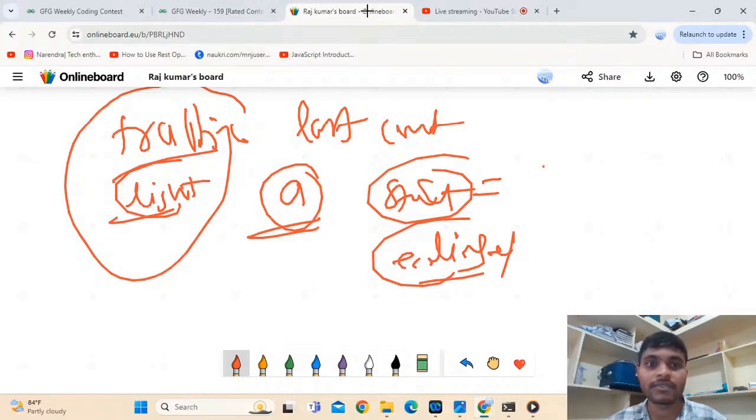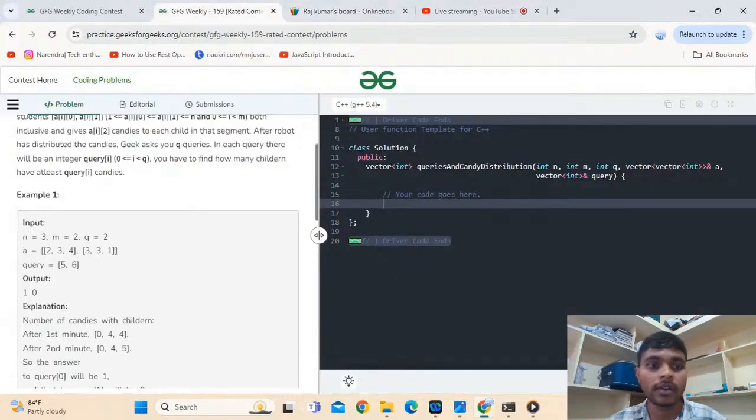For suppose if you have only one array, let's say I am increasing this value to understand better. I am taking 4 students count as 4.